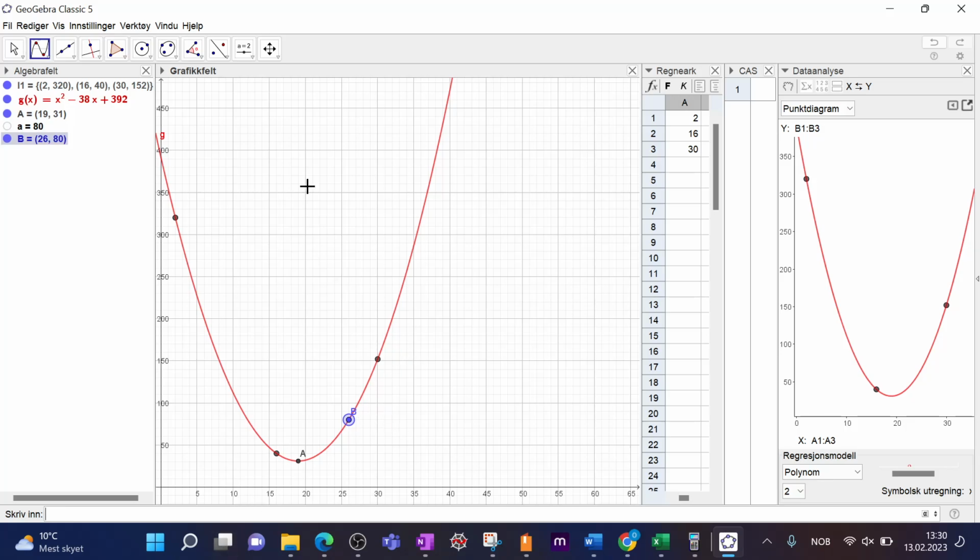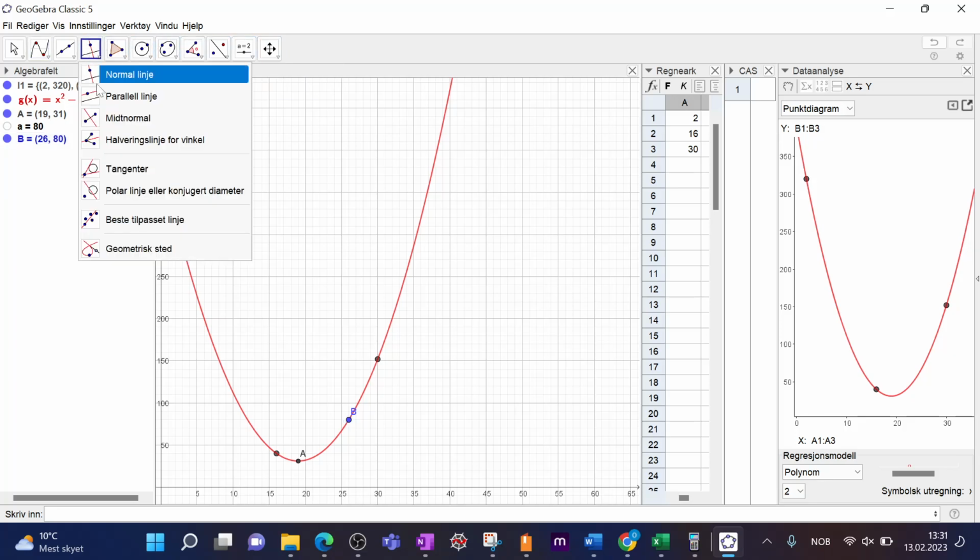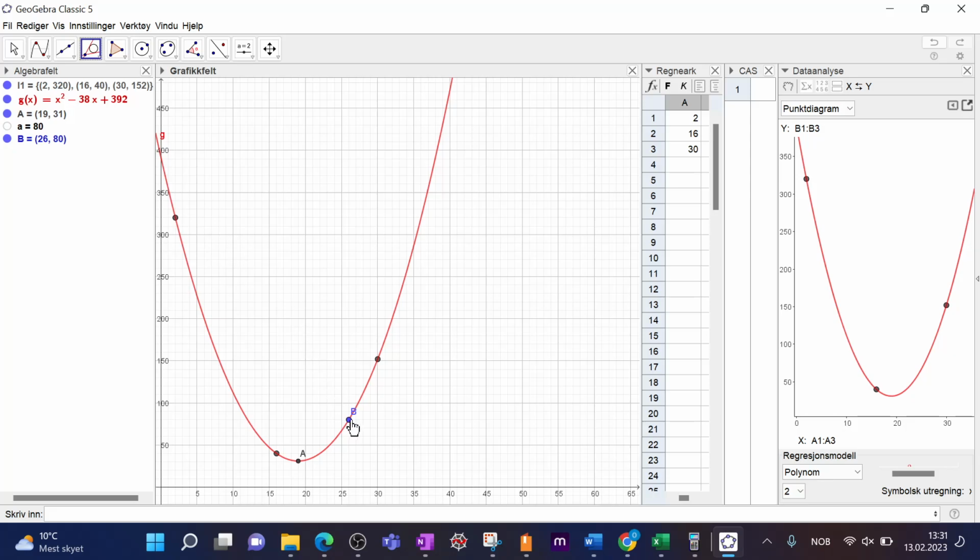It's called B. Now, the next step is to draw a tangent in that point. I go to this menu, go down to tangent, and I click first on the point and then on the curve. And here I can read off an equation. It says y is equal to 14x minus 284.